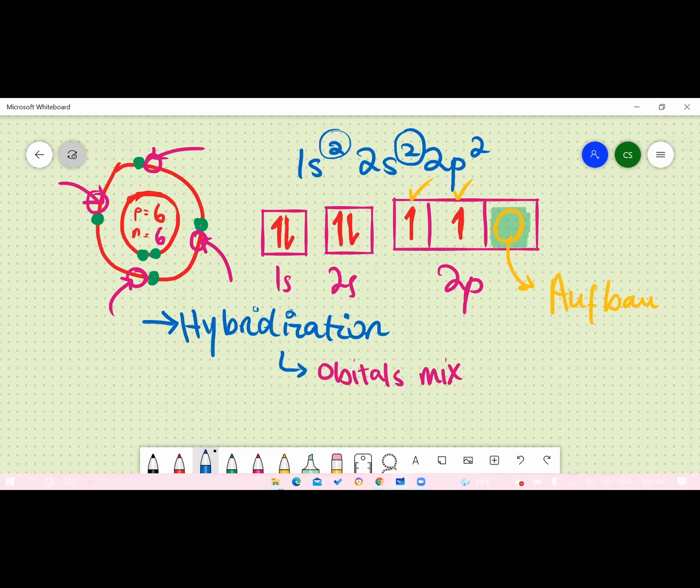I told you that example in the last class. Yeah, they're called degenerates. Important term. Is that where the d orbitals come in? No.